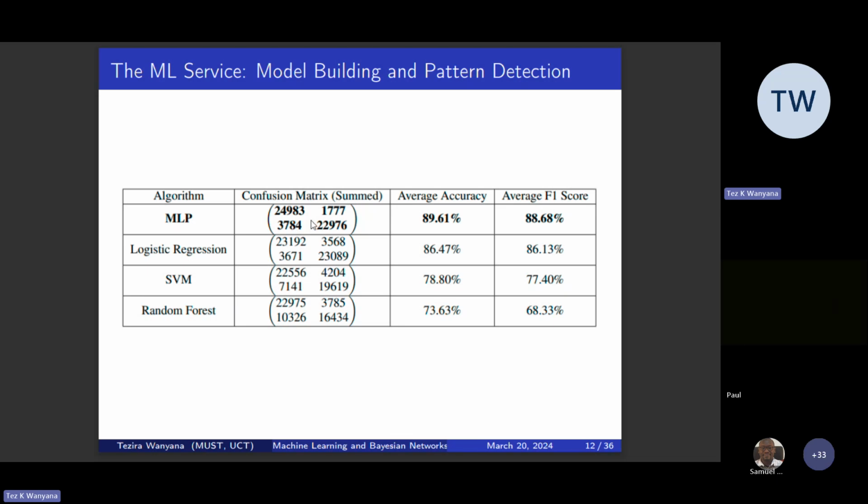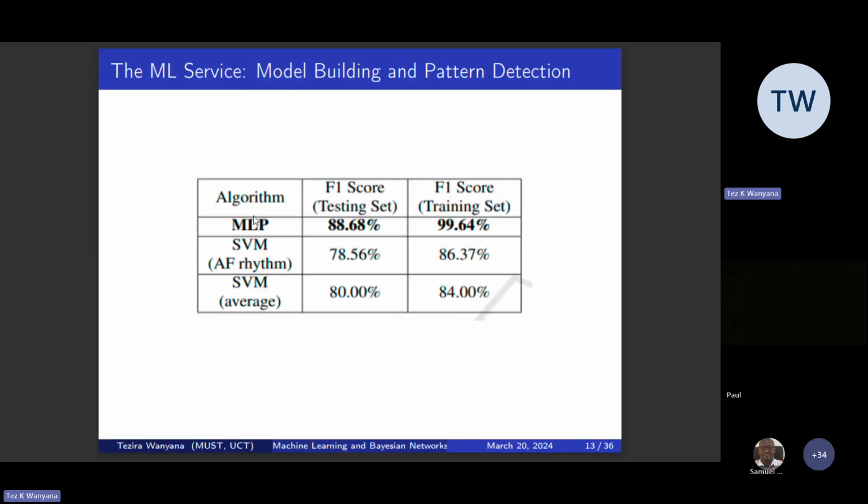And so from our findings, based on the data set that I've described in the previous slide, we had MLP being the best performing model. And we also compared it with what was in literature, and it was actually still performing better than the support vector machine.